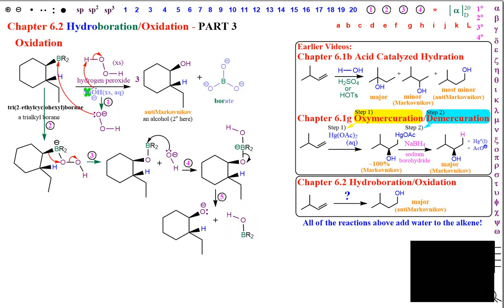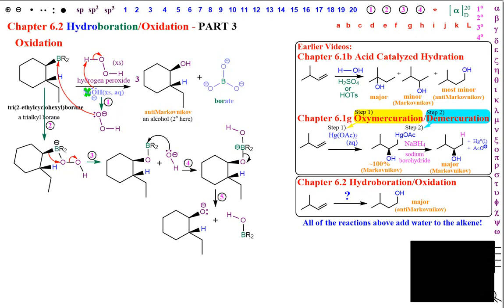And if you take a quick look at this compared to the final product, you'll see that this is the conjugate base of the final product. This oxygen on boron becomes an O- on boron. You guessed it, and you were told it 2 times. Step 6, just like step 1, is an acid-base step.